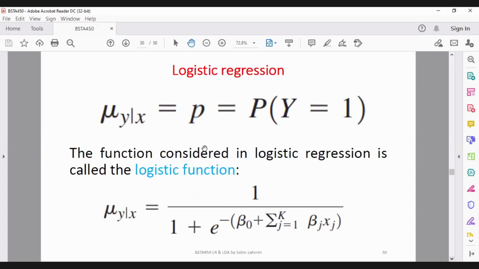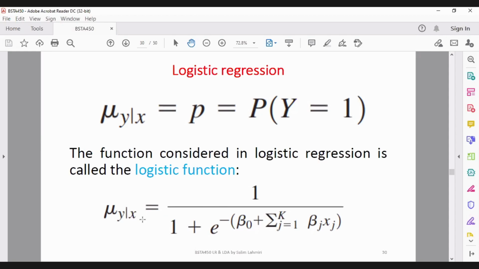By definition, mu of y given x is equal to p, the probability that y is equal to 1. The function considered in logistic regression is called the logistic function.